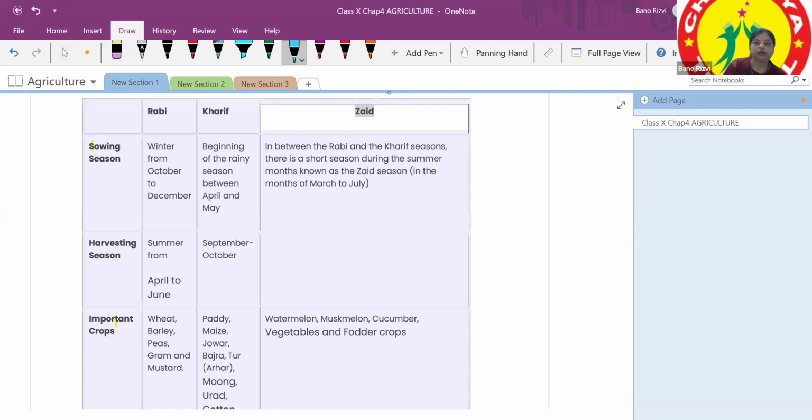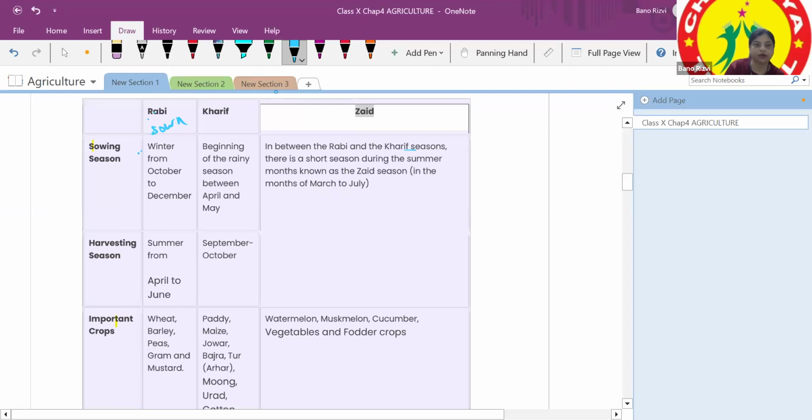So we have a chart here also. Rabi crop is in winter. It is sown from October to December, between the Rabi crops and the Kharif.